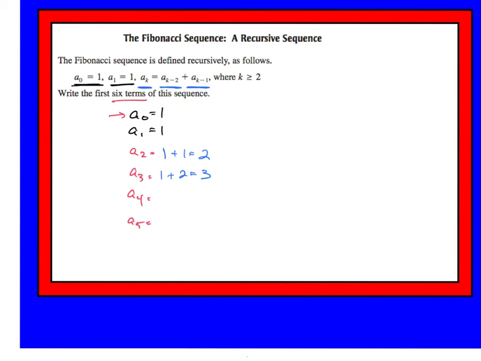Well, a sub 2 plus 3 is 5. And then what's a sub 5? A sub 3 plus a sub 4, which is 8. What would a sub 6 be? 13. All right, what would a sub 7 be? 21. Very good.